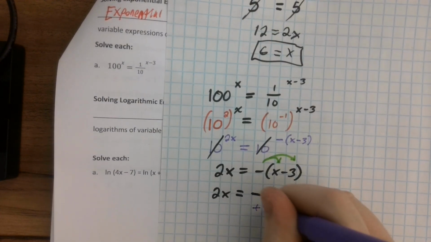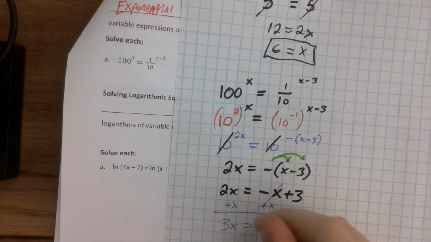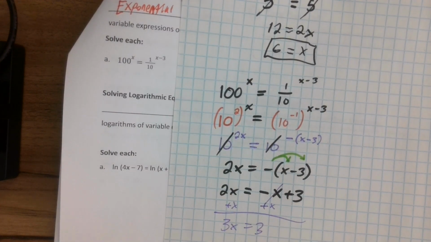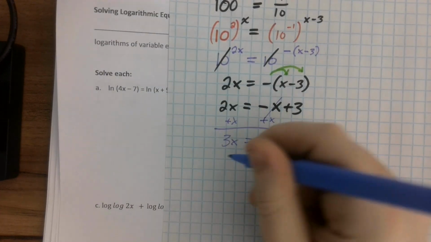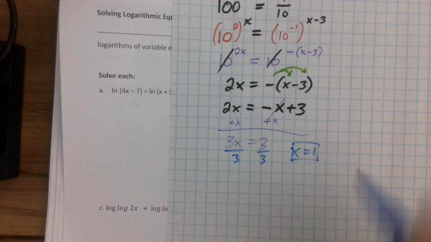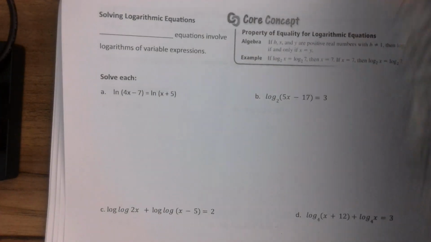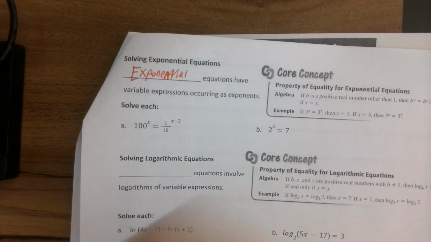We should add x to both sides, giving us 3x equals 3. And we all know from here that if we divide both sides by 3, we get x equals 1. So our answer here, our solution is x equals 1. Done.